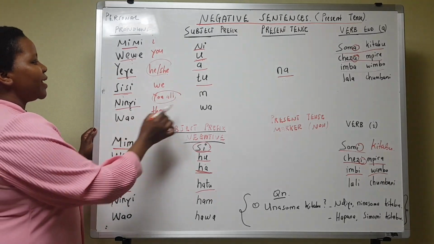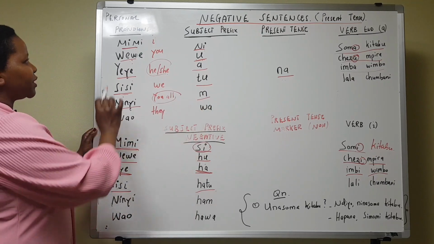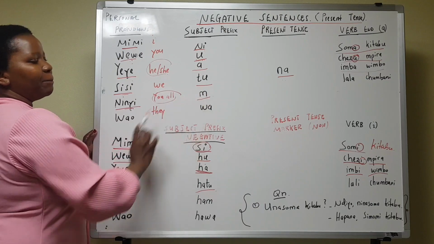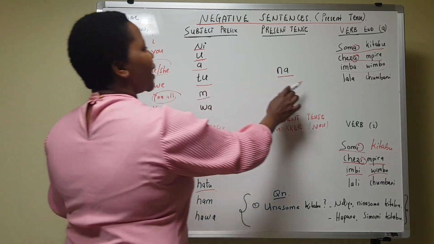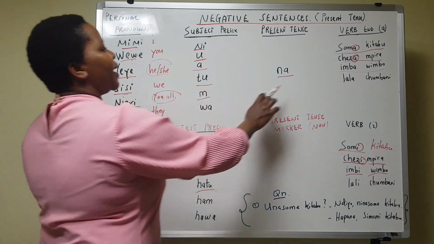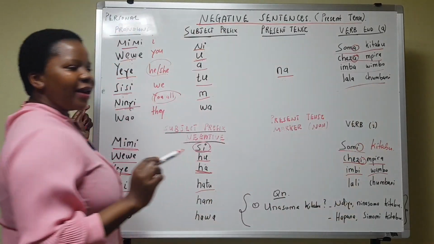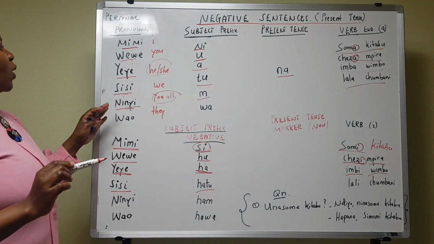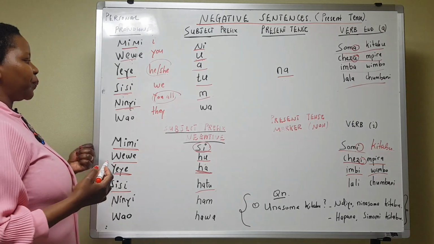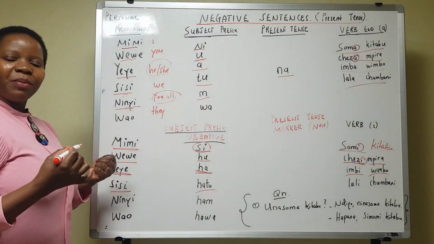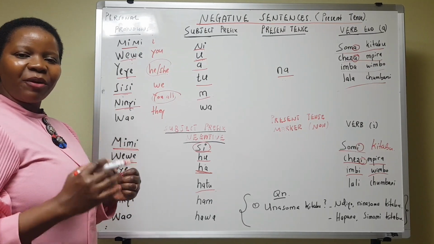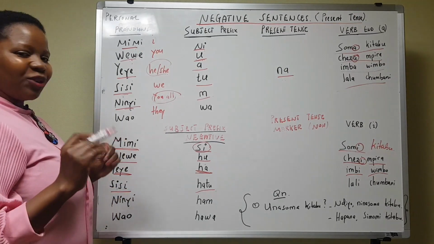Another example is ninyi, which is you all. If you use the personal pronoun ninyi, the subject prefix will be m. So ninyi mnalala chumbani. You all are sleeping in the room. How can I say you are not sleeping in the room in Swahili? It will be like this.